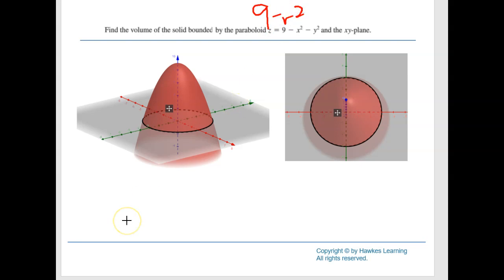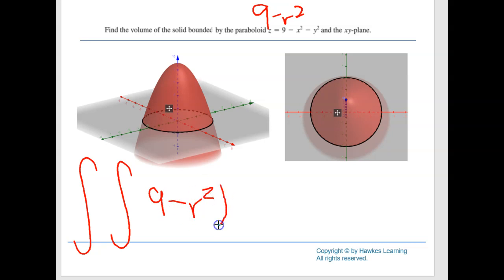And now our integrand, watch this, this is how much easier it's going to be in polar, becomes 9 minus r squared. Because I'm switching to polar, I need to add an extra r dr d theta.